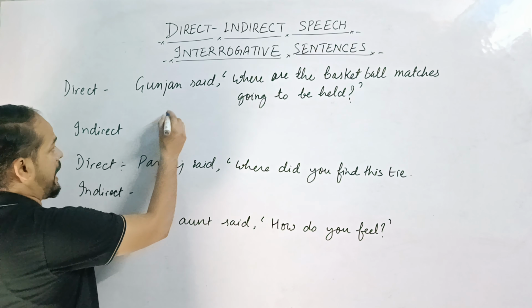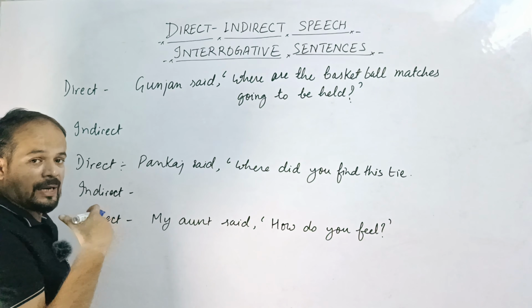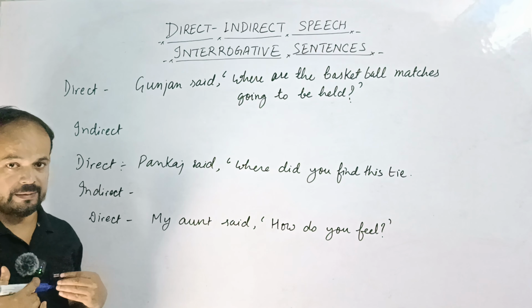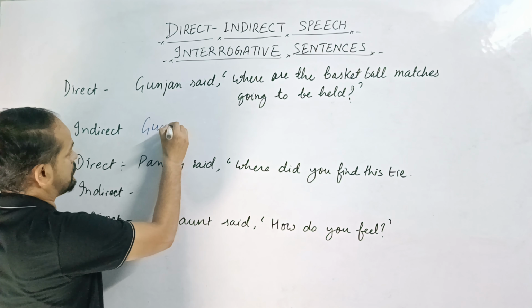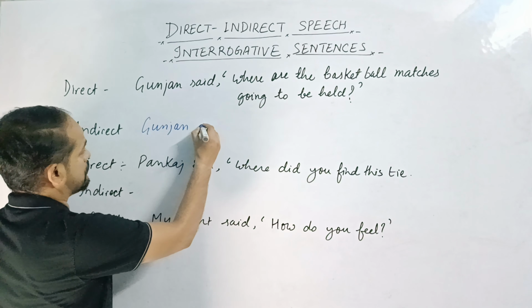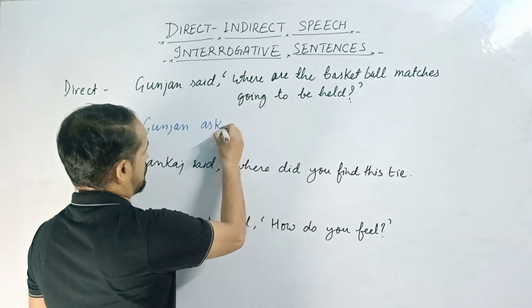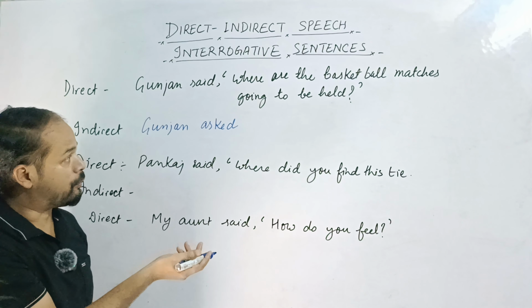Okay, and when in the reporting verb there is no object, we can assume that it has been asked to me or us. So Gunjan asked, or we can write Gunjan wanted to know.